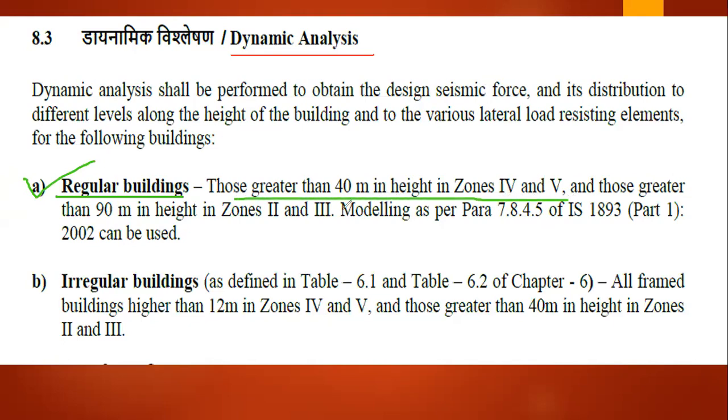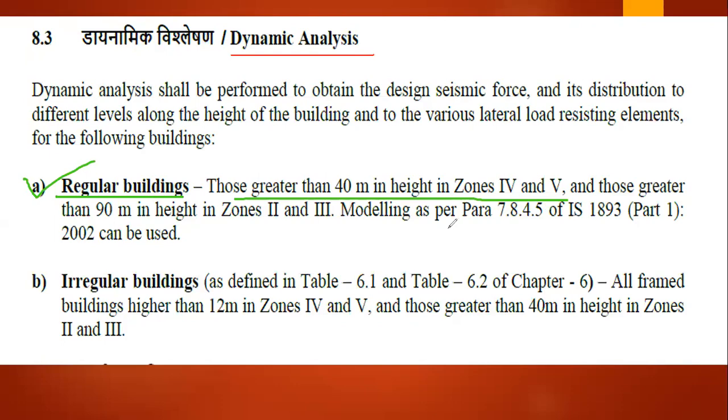Okay, so these things which I was discussing, we have dynamic analysis. Under this dynamic analysis, it is given in clause 7.8 of IS 1893. And also we have the simplified method of lateral force method, which we will learn today.